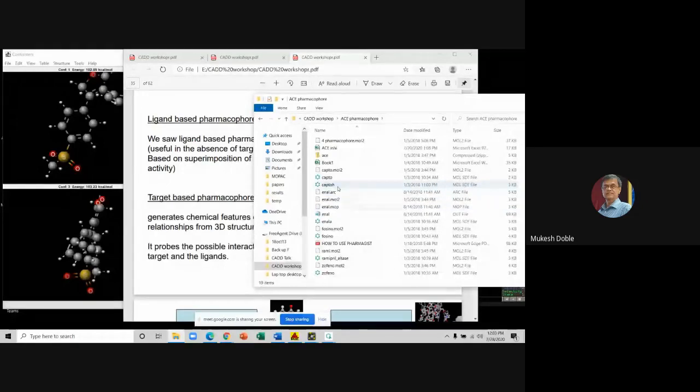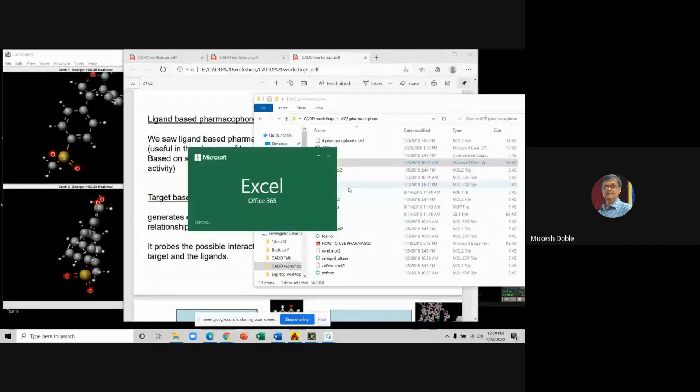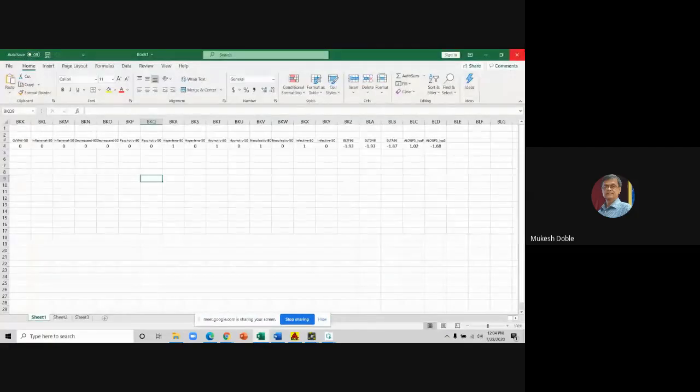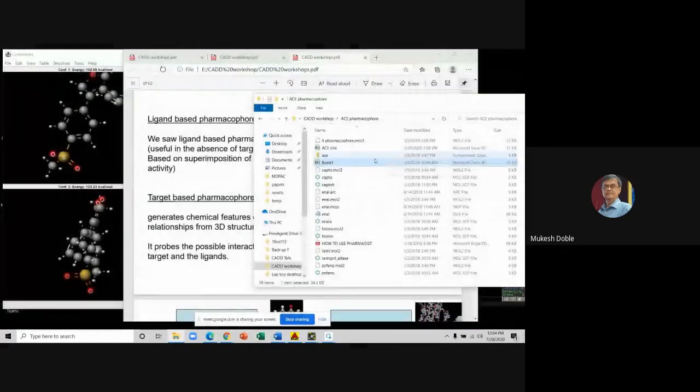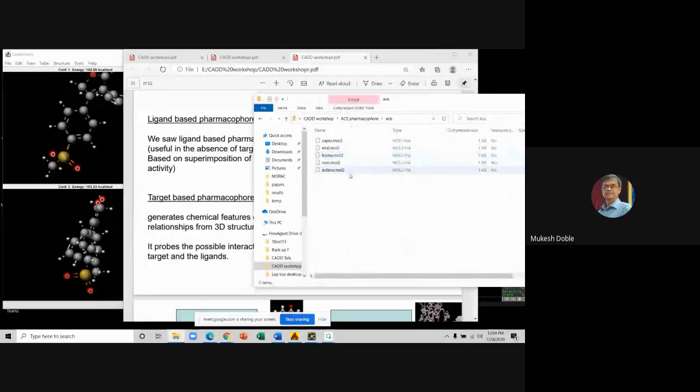So for angiotensin converting enzyme, we have many drugs in the market that block it.